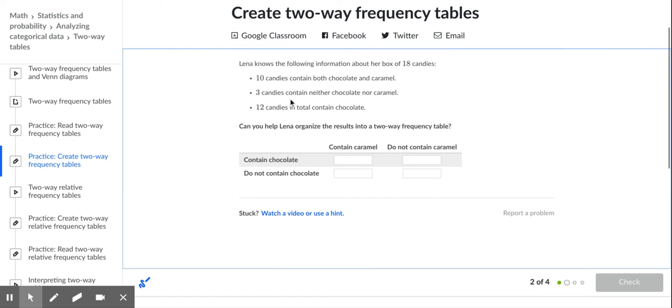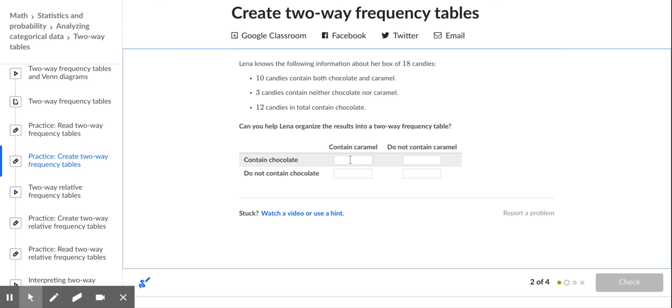So this one, we're not given a Venn diagram, we're just given some information. Lena knows the following information about the box of 18 candles. So we know the total is 18. 10 candles contain both chocolate and caramel. So our options are contain caramel and not contain caramel, contain chocolate and not contain chocolate. Those are the things we're comparing. So 10 contain both.